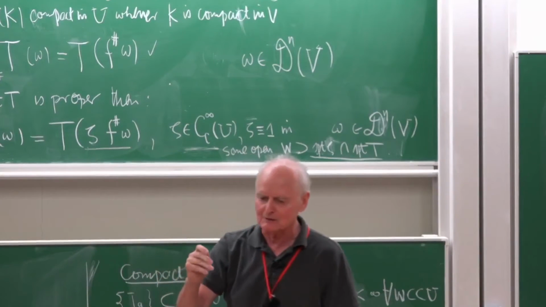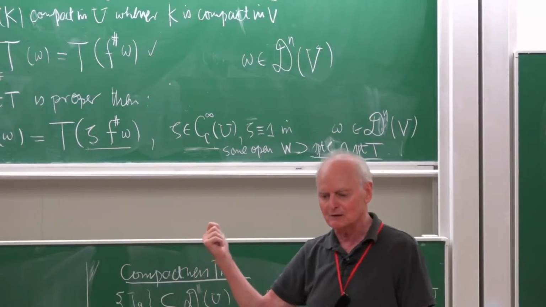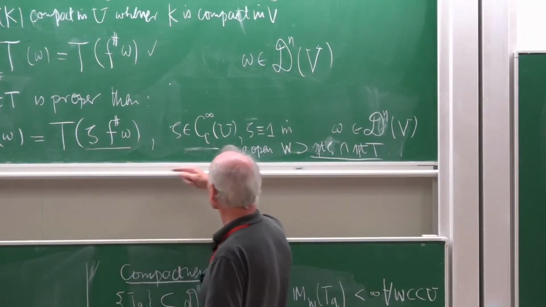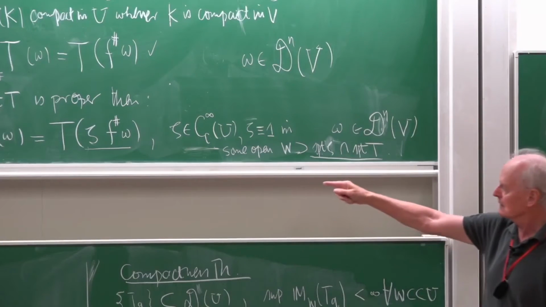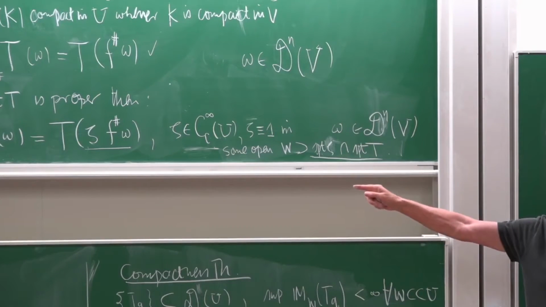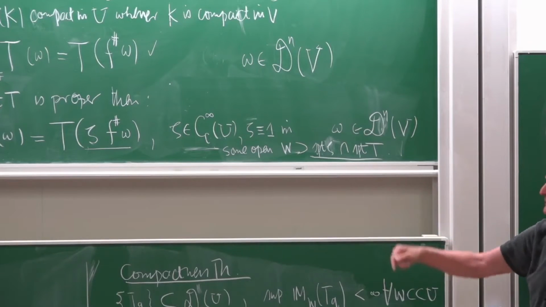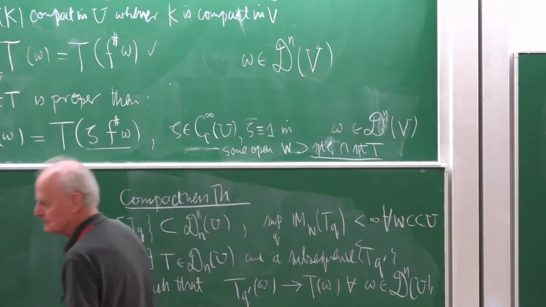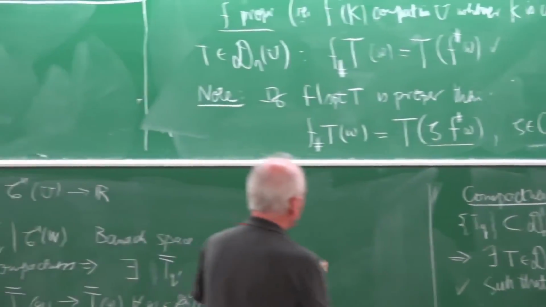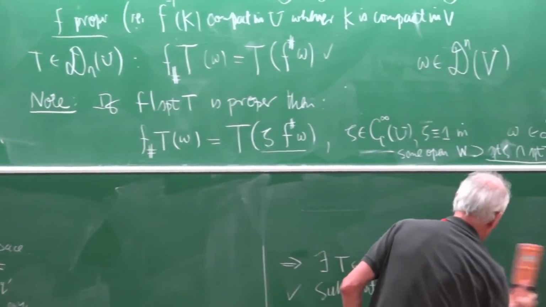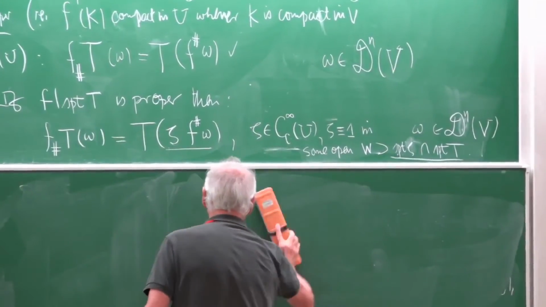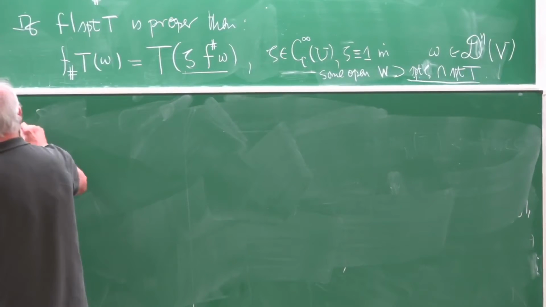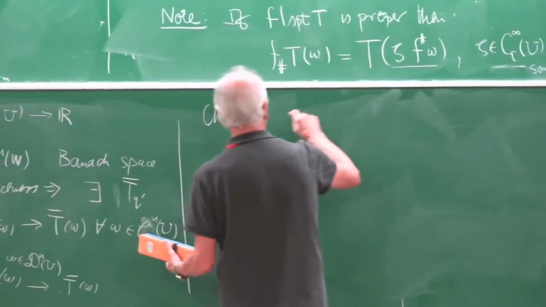However, there's a catch, as there always is with these sort of definitions. We have to check that this is independent of which particular zeta we take, right? So we've got to take another zeta and check that we get the same answer if we do this. So let's check that this makes sense.